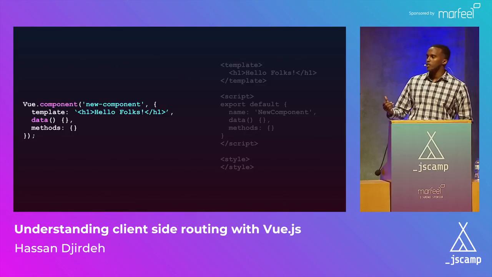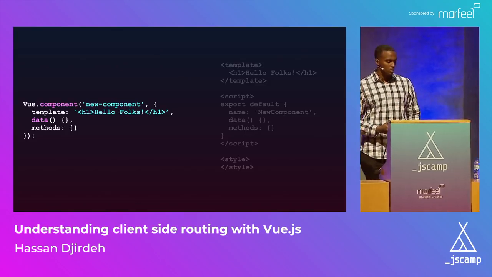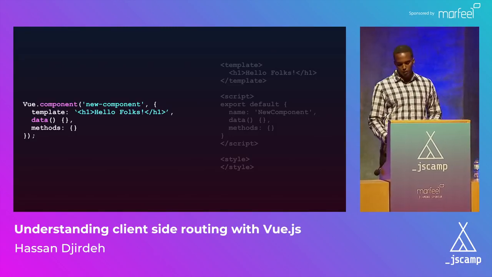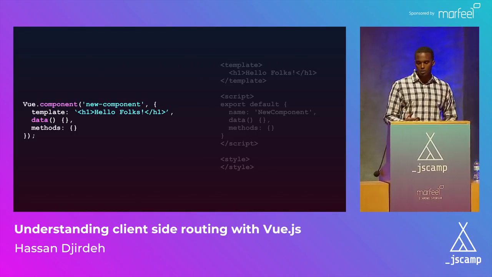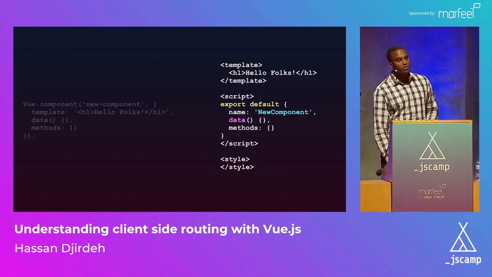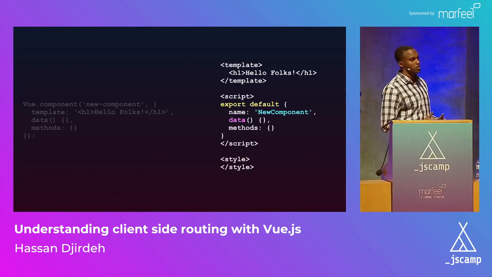The first argument, you specify the name of the component, and in the second argument, the options that the component contains. Its template, its data, its methods, etc. But in pre-compiled Vue applications, these are Vue apps that are compiled with Webpack and use the Vue loader library. We actually are able to define our components in single file format. This gives us the advantage of defining our markup in a template section, our logic in a script section, and our styles in a style section.